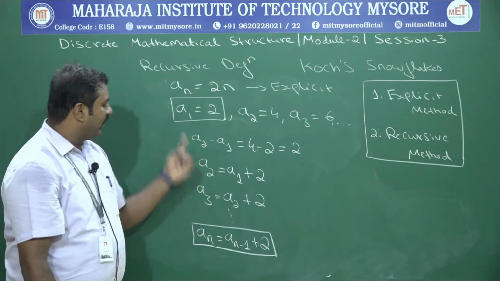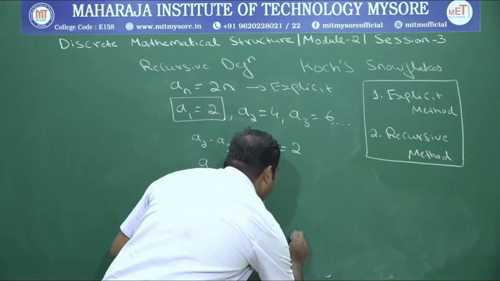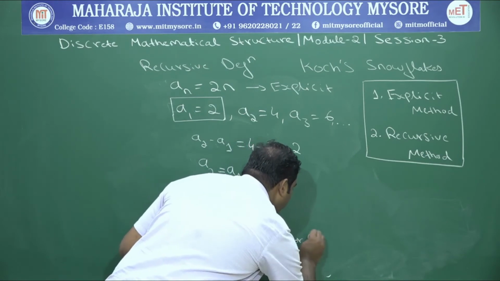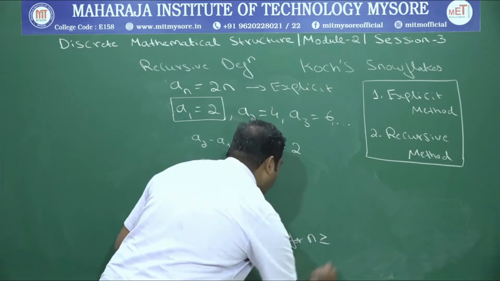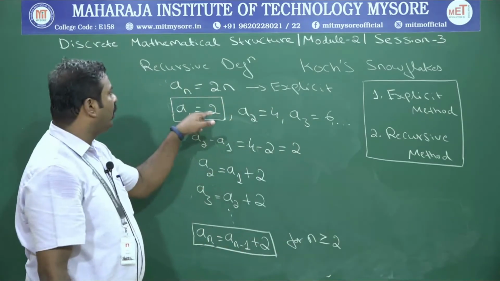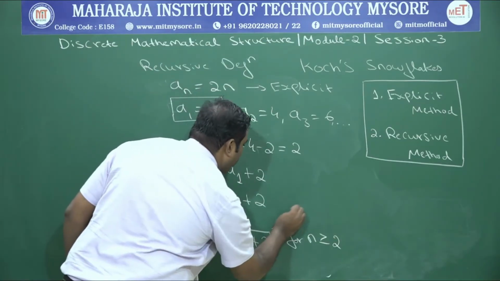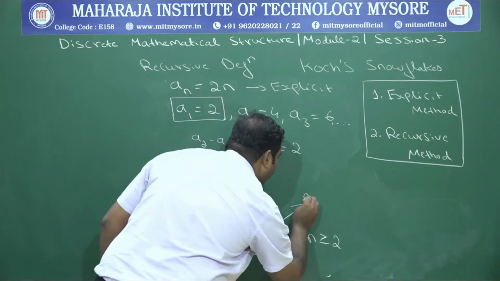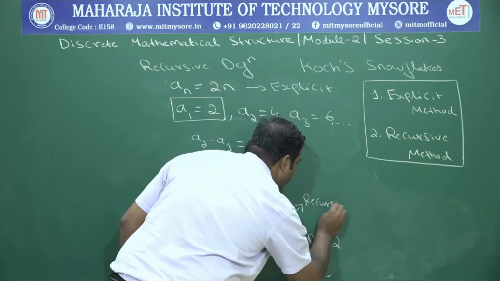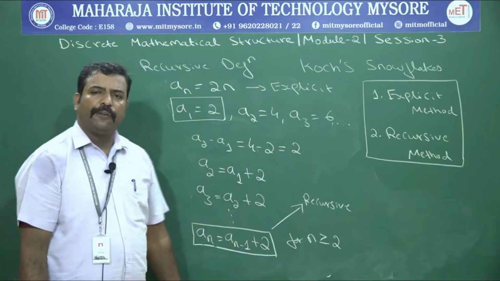Now I need to find a2, hence for n greater than or equivalent to 2. This is how I am going to convert from the general explicit form to a recursive form. Is it fine? I hope it's clear for you.